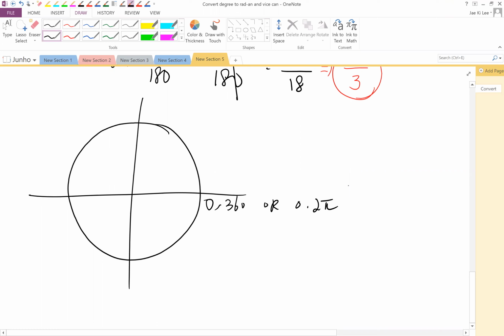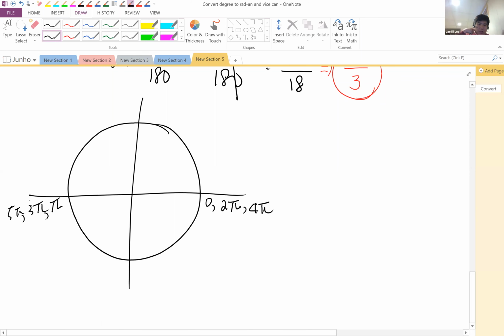Basically, if I use just a radian value, because radian is a little easier to do that, it can keep going: pi, 2 pi, 3 pi, 4 pi, 5 pi. It keeps on going anyway, but just to explain the angle value, we limit the range between 0 and 2 pi. But it is continuous, so you just keep on going.